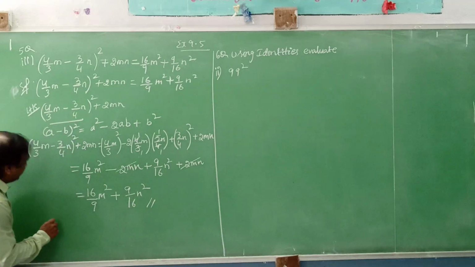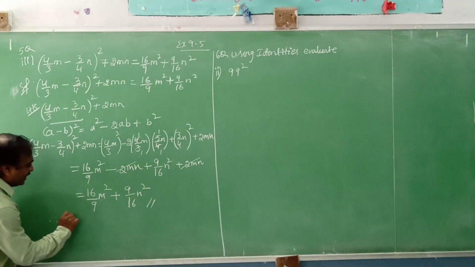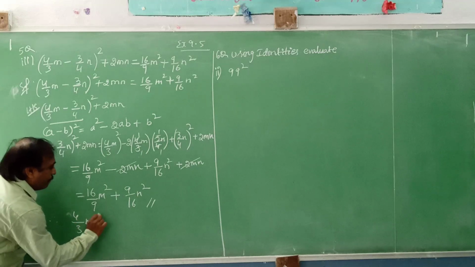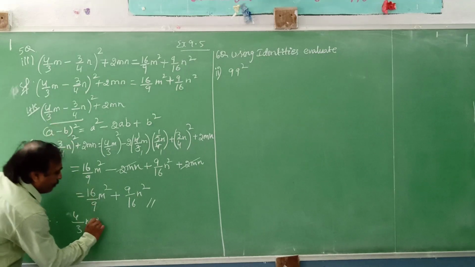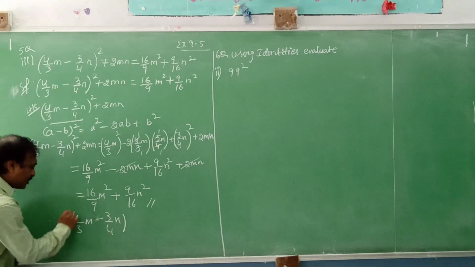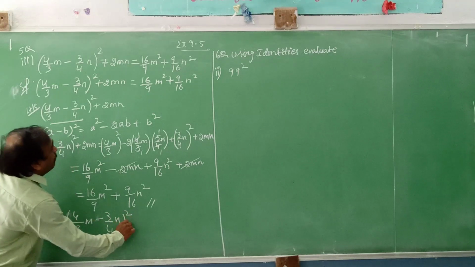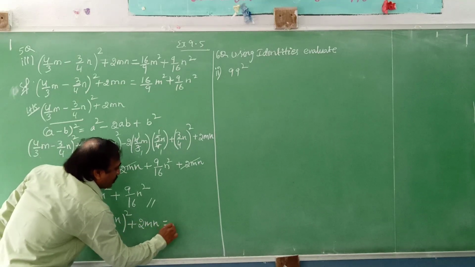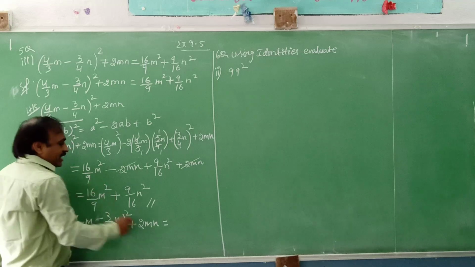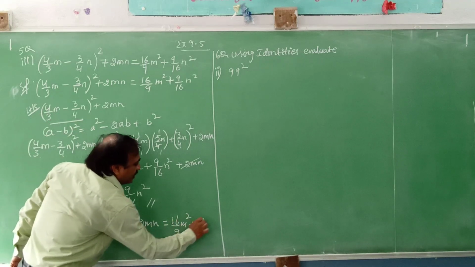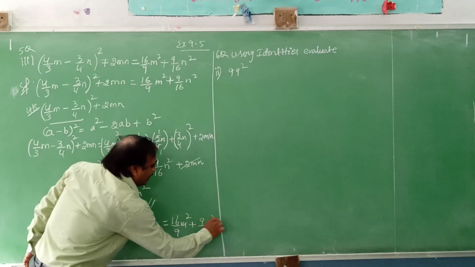Therefore, LHS is equal to RHS, that is 4 by 3m minus 3 by 4n whole square plus 2mn is equal to 16 by 9m square plus 9 by 16n square.